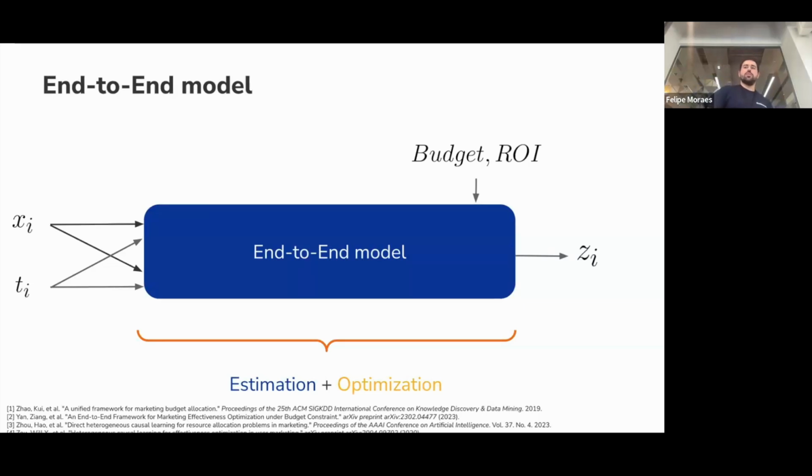So people want to do estimation with optimization together in a way that instead of using the errors from the estimation, you just use the optimization problem and you propagate these errors back to your, usually, neural network.